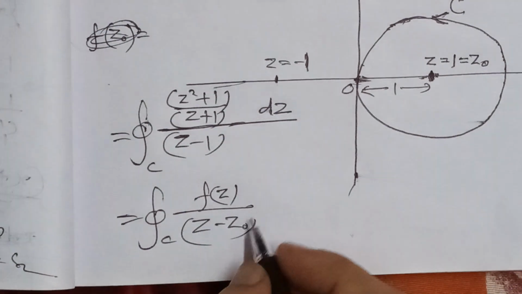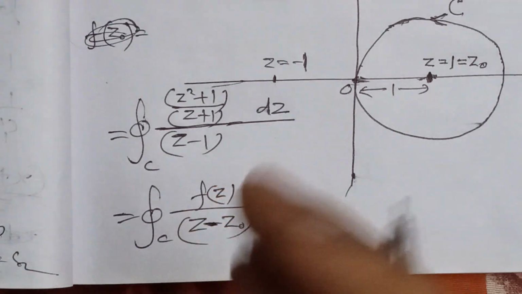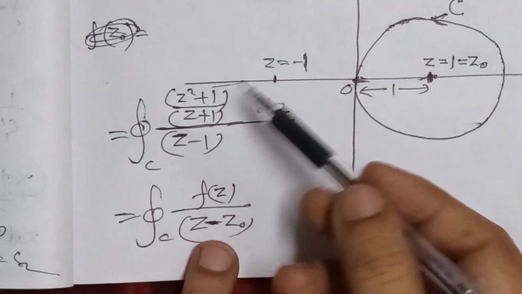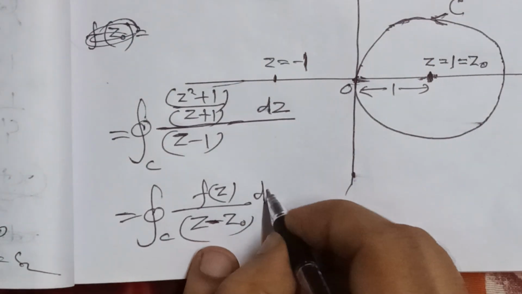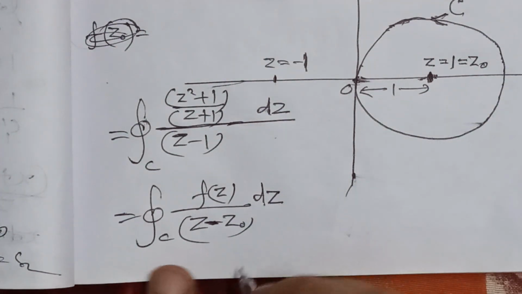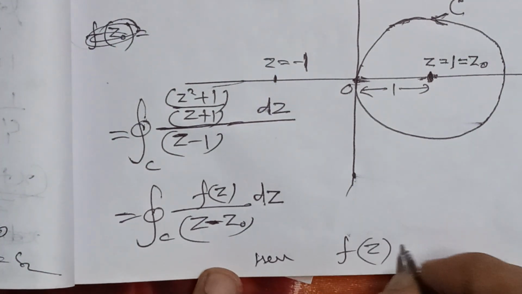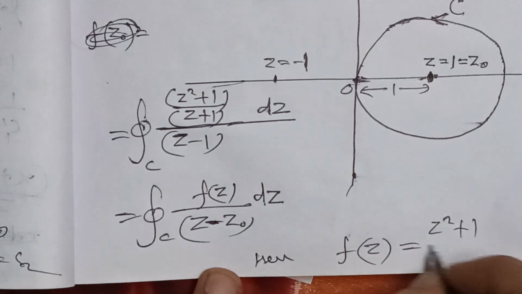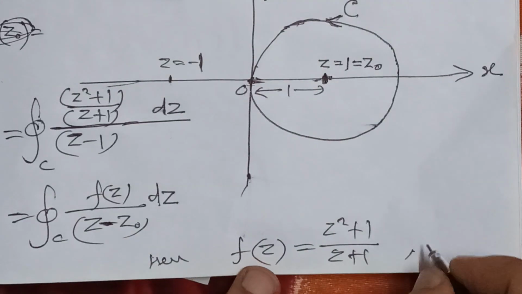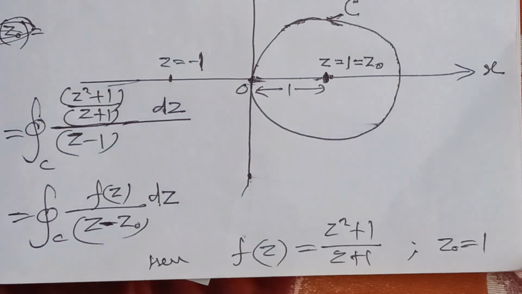We see here z naught is equal to 1 and f(z) is equal to (z squared plus 1) upon (z plus 1), because this is integration with respect to dz. So z naught is equal to 1.